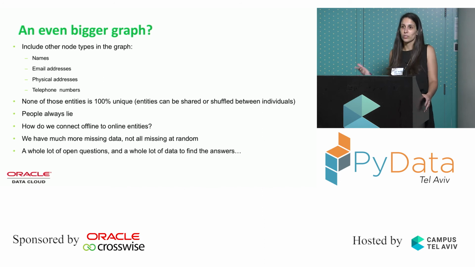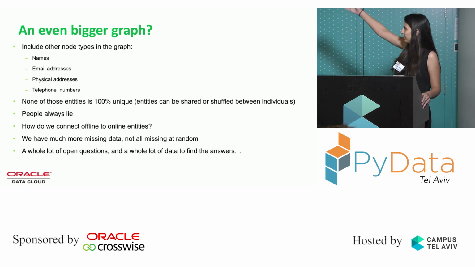So we need to account for those. And there are things that are really straightforward, like blah, blah, blah @gmail.com. But some people lie more sophisticatedly, so to speak. So you need to think of what you do with those. And well, now that we have this offline data, we need to think of how we can connect offline entities to online entities.